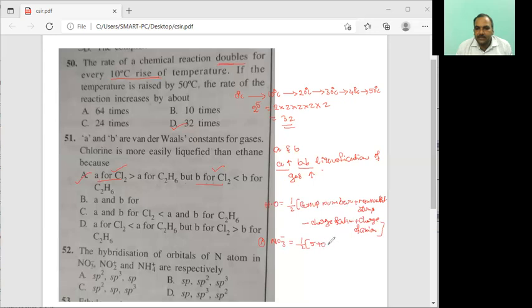Monovalent atoms 0, cations 0, and anion charge is 1. We are getting 6 by 2, that is 3. So we are getting sp2 hybridization.